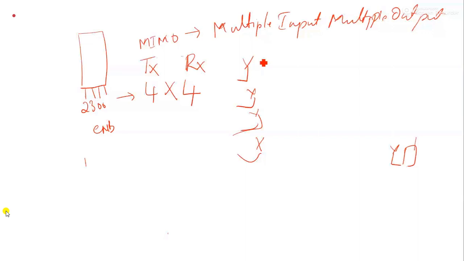If I have 20 megahertz as my bandwidth, always look at the modulation scheme, and we saw that 64QAM gives you a data rate of 120 Mbps. Right? So this gave a spectral efficiency of 6 bits per second per hertz. Now, if I have a MIMO configuration, it can increase up to 4 times because 4 transmitters are there.